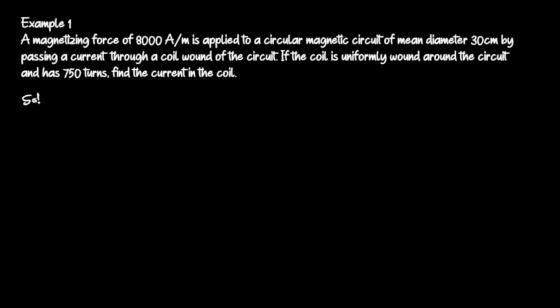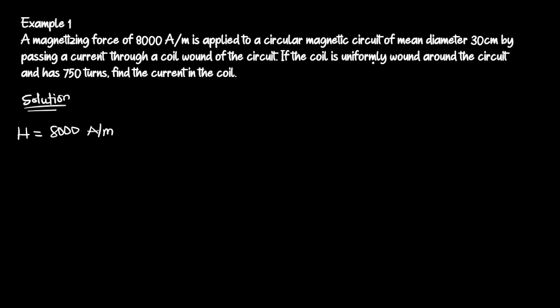So I'll write my solution. First of all, let me list all the parameters that I have. I've been told that the magnetizing force or the magnetic field strength is 800 ampere per meter. So my H is equal to 800 ampere per meter.